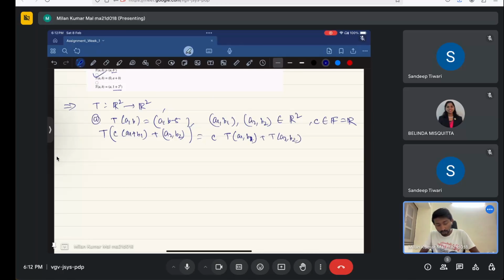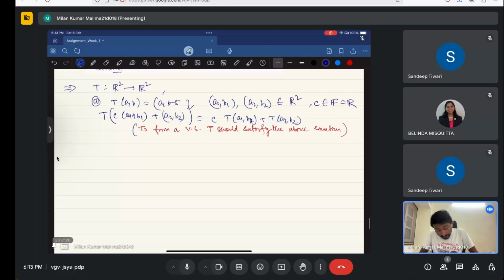To form a vector space, T should satisfy the above equation.